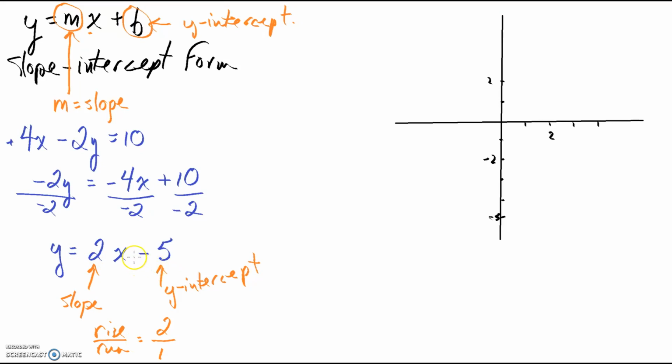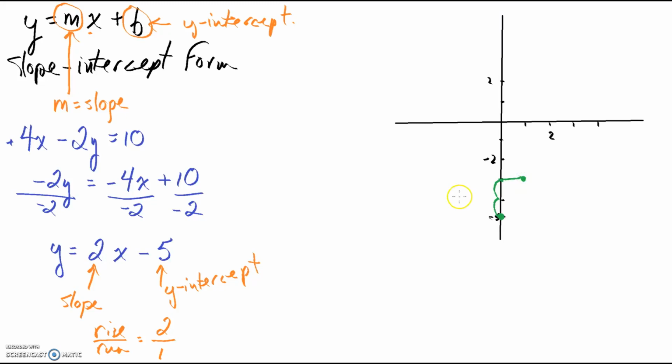We will begin with the y-intercept. We know that this is a point on the line, negative 5. From that point, we should be able to use the rise and the run and still remain on the line. So from 0, negative 5, I will rise 2: 1, 2, and run 1.